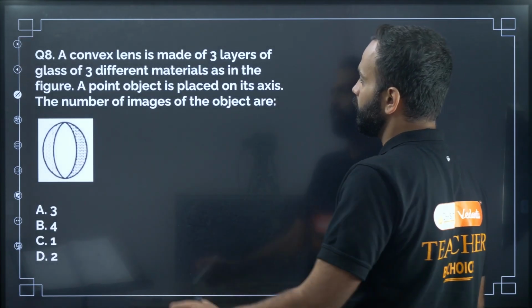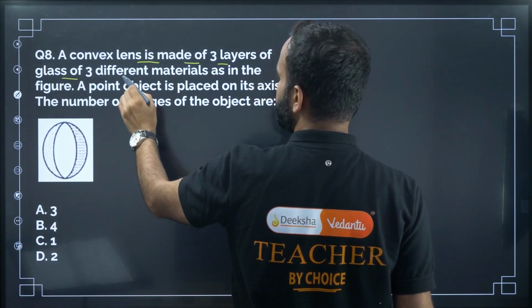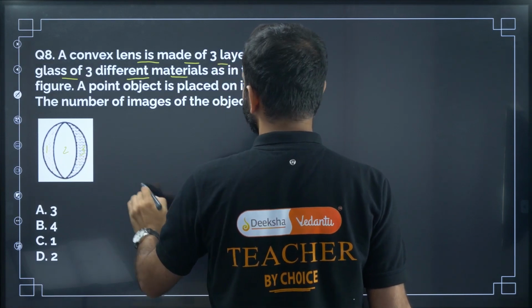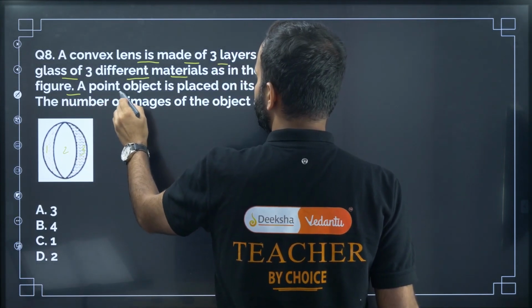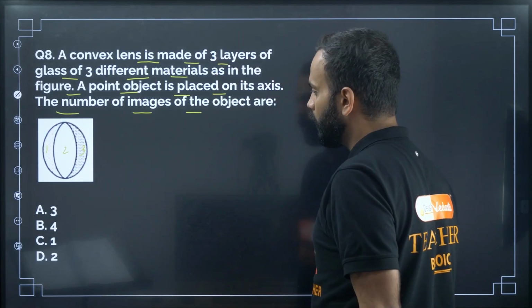Question number 8. A convex lens is made of 3 layers of glass of 3 different materials. Here the first material, second material and third material, as in the figure. A point object is placed on its axis. The number of images of the object are?